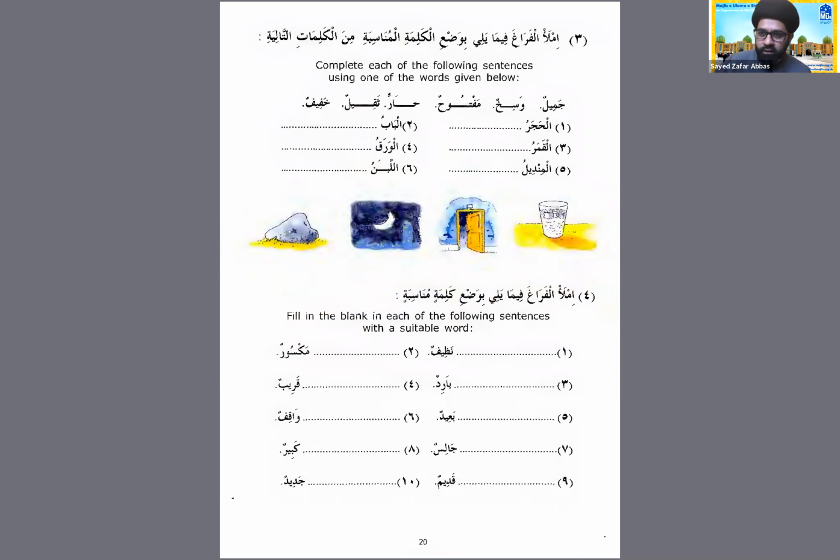So we got here Laban, Al-Bab, Qamar, and Al-Hajar. So we've got some pictures there which help us to let us know what word should go with what particular thing.